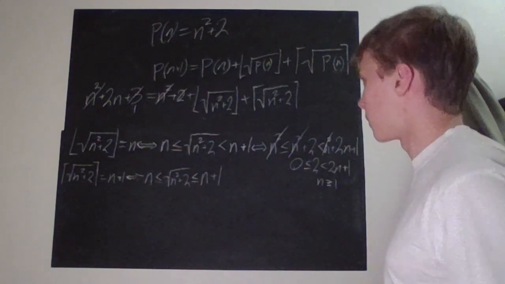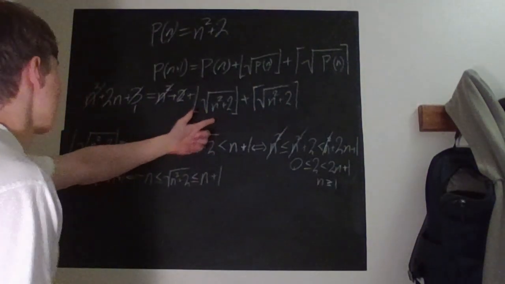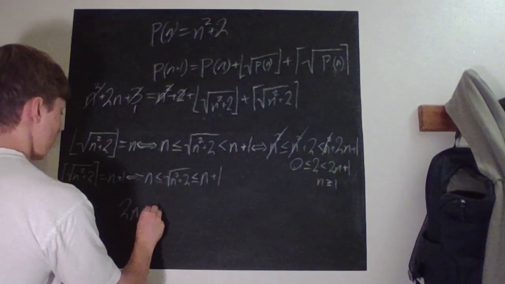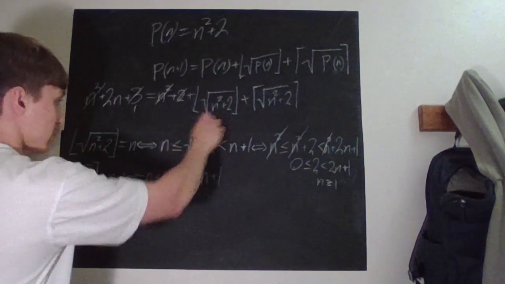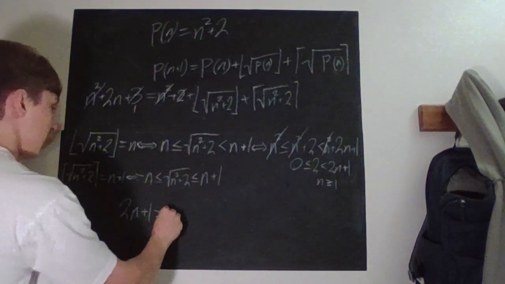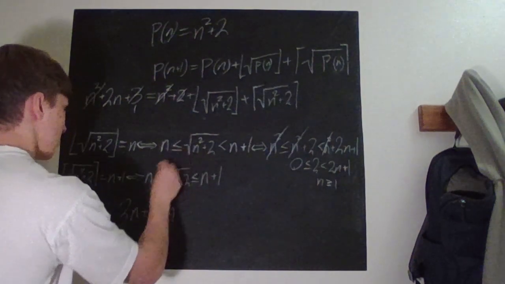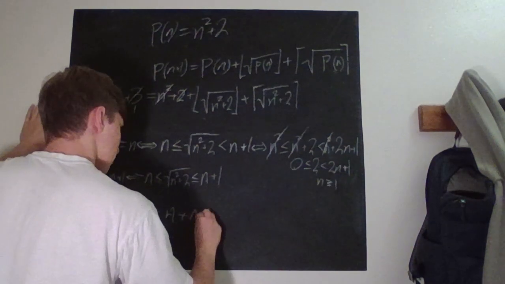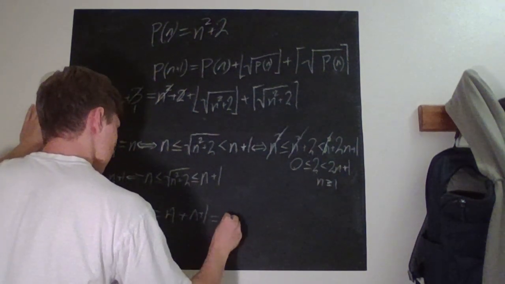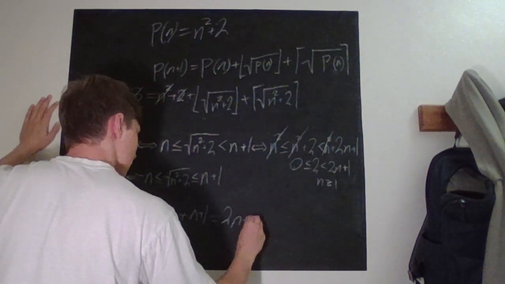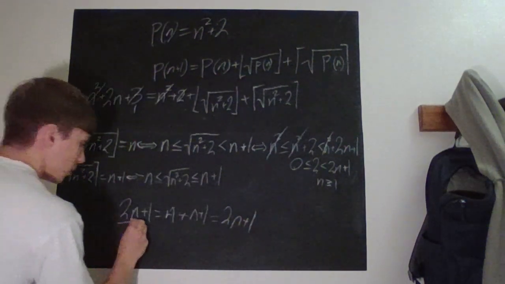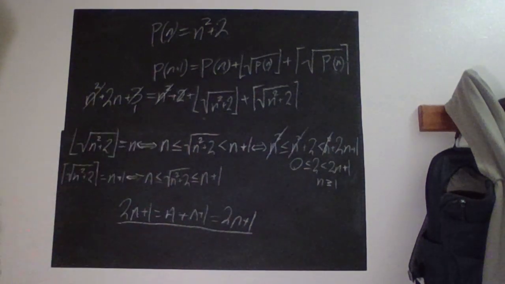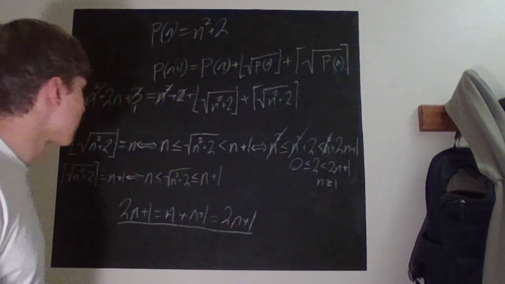So if we plug this back there, we have that 2n plus 1 is equal to what was floor, I claim that to be n, plus the roof, I claim that to be n plus 1. So that's n plus n plus 1, which is equal to 2n plus 1. And we are done. Because it's the same. So we proved it.